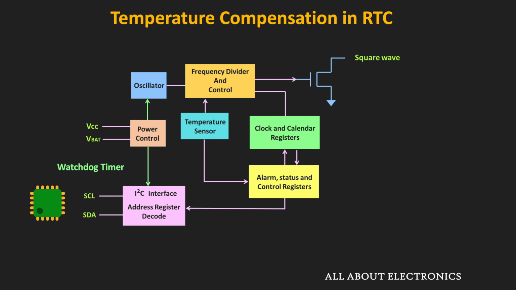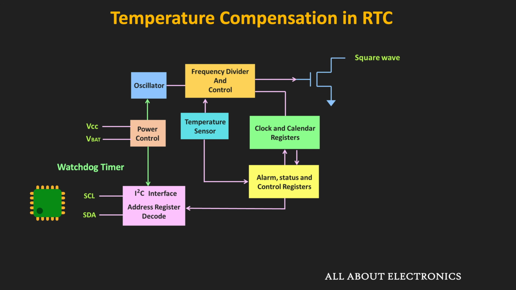For example, RTCs having watchdog functionality can start the timer with a predefined time. If the controller or the processor does not reset this watchdog timer before this predefined time, then a flag can be raised and accordingly some necessary action to reset the controller or the processor can be taken.